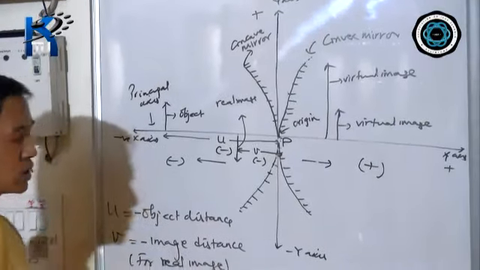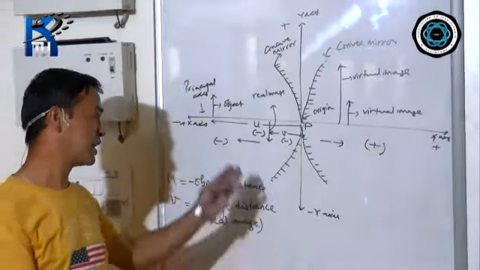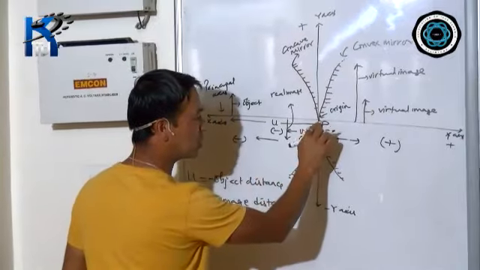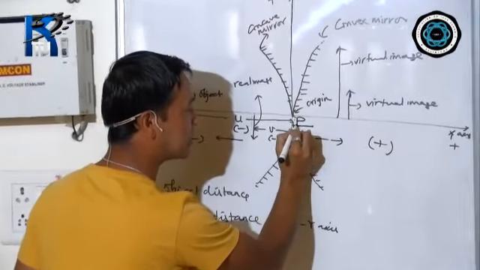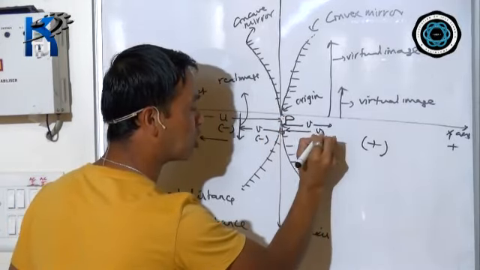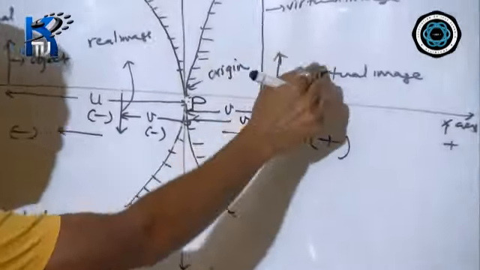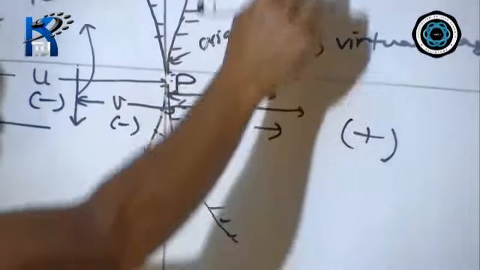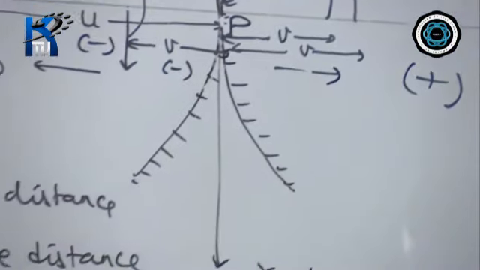But we are basically focusing here on sign convention. So if you measure the distance from the pole to the right side, whether it is a larger or smaller virtual image, all the distances, that means the image distance with respect to a virtual image, is taken as positive.